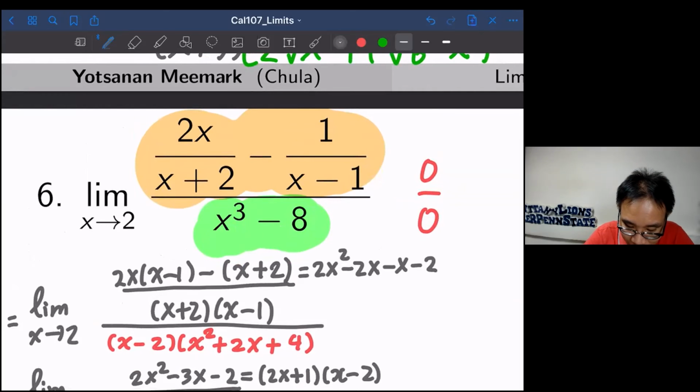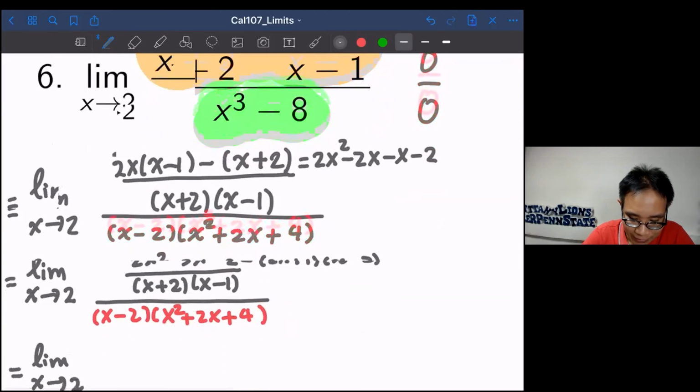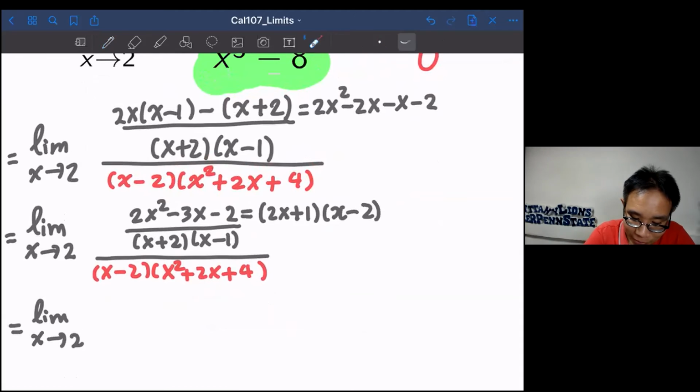This one is 2x minus 1, 2x minus 2x minus x minus 2, which is correct. This guy will be 2x squared minus 2x, so it's going to be negative 3x. Yes, it's correct. Sorry, I multiplied this one wrong. Negative 4 plus 1 is negative 3. So it's correct. Sorry. And you're going to copy everything down.